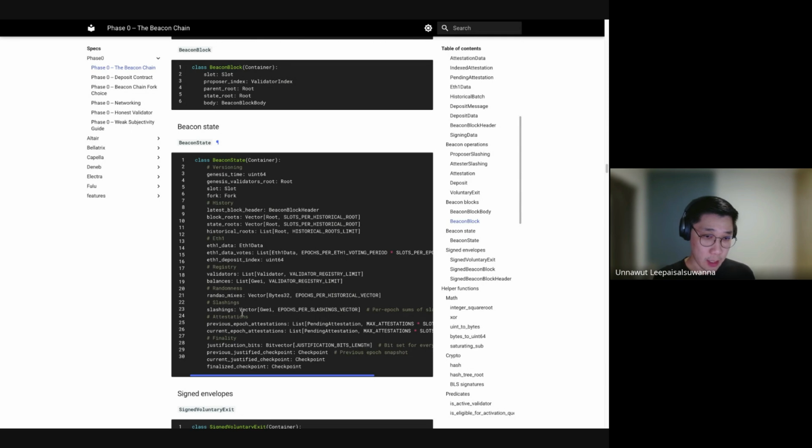But for example, the slashings are probably not going to change all the time. Some stuff, like the slot, is going to change every slot. Some other stuff, for example random mixes, even though we probably won't have it in the beam chain, there are other fields that are probably not going to change slot by slot. Some of them are going to change per epoch, and there's no reason for us to recompute for every slot.